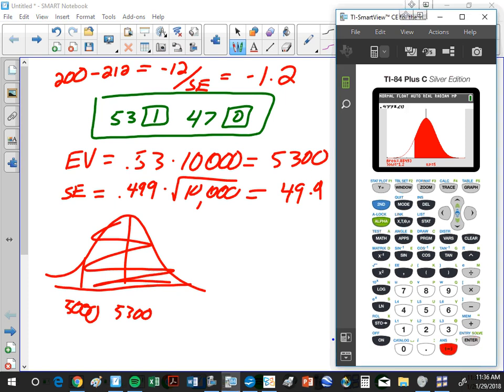I am negative 300 away, and I'm going to divide that by 49.9, and I get a z-score of negative 6. So, 100%. Now, is it actually 100%? No. Anything below negative 5 or above 5 is not really measurable. So we're less than 1% of 1%.